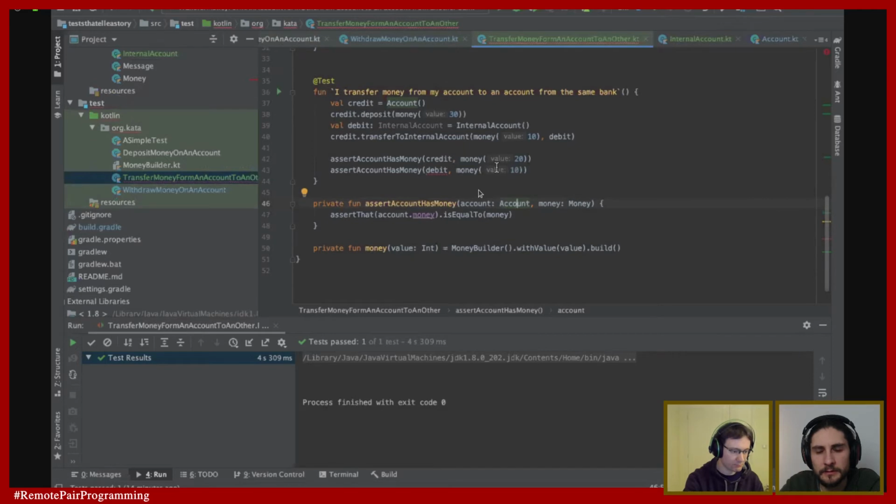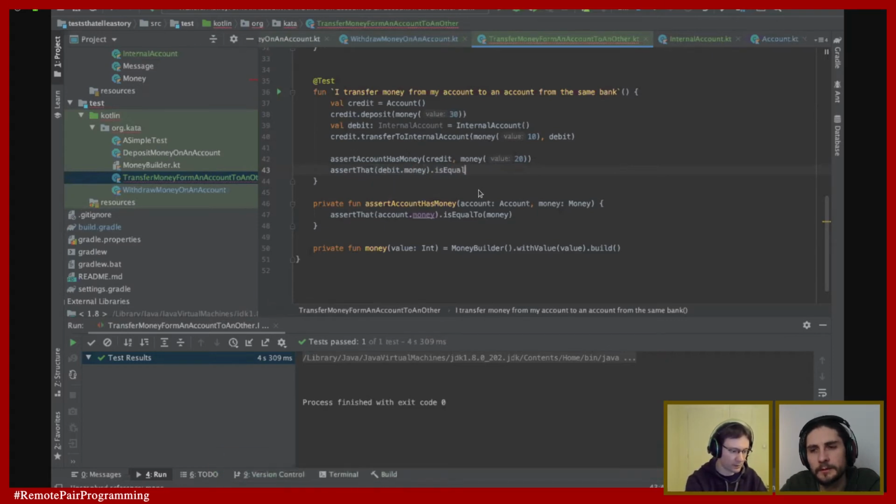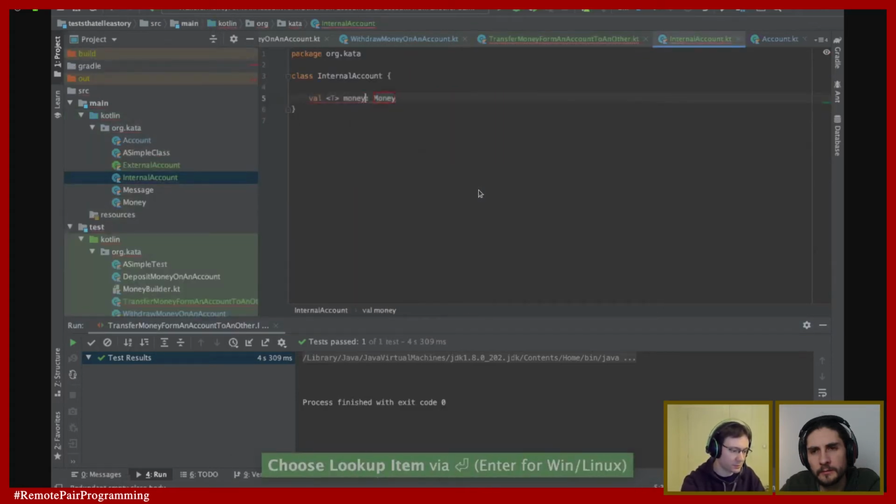So let's write an assert that internal account money is equal to, oh, it's debit, yeah. And at this point we have the problem that we don't have money in our account, so let's implement that. And by default, let's say we have no money.